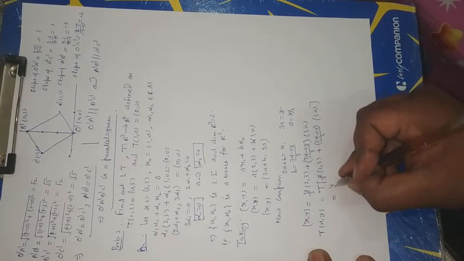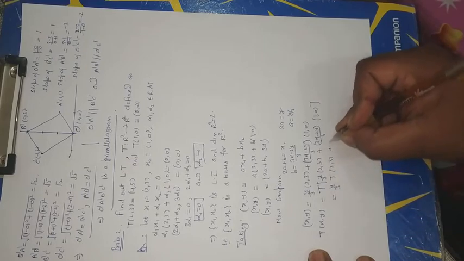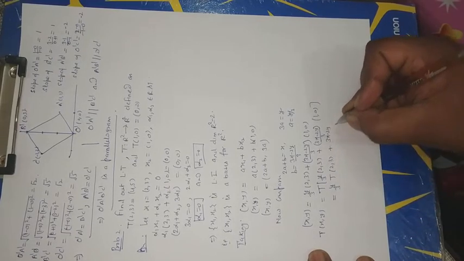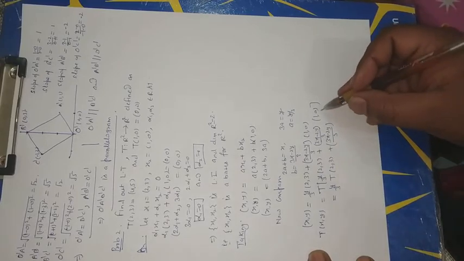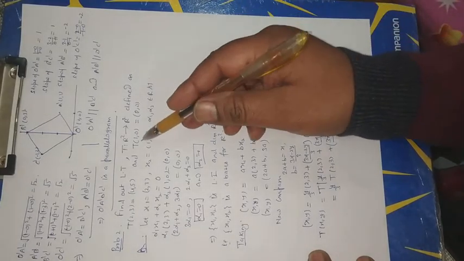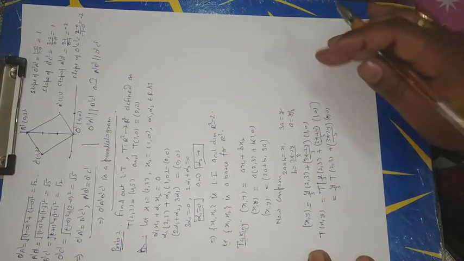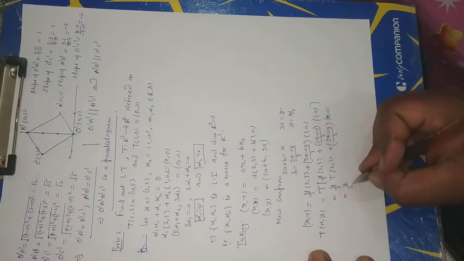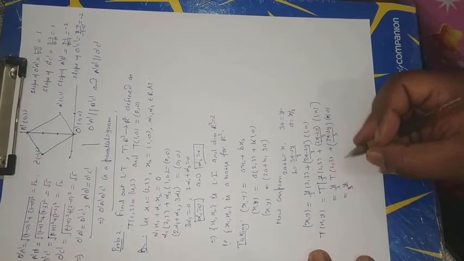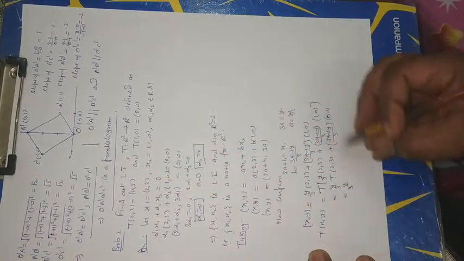So therefore y by 3 T(2, 3) plus (3x minus 2y) upon 3 times the value of T(1, 0), this is equal to (0, 0). Now this vanishes. Now here y by 3 times the value of T(2, 3) is equal to (4, 5).